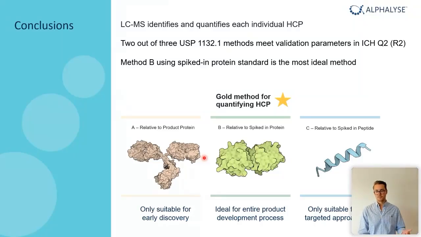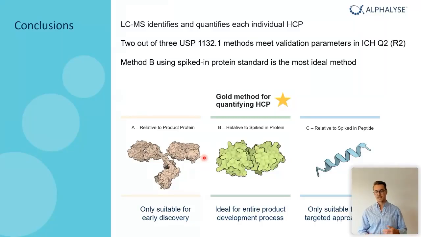And this is supported by the experimental evidence of our study that the analysis relative to spiked-in protein is the preferable method out of these methods outlined in 1132.1, as it can be used throughout the entire product development process, from early discovery to release testing, but also for targeted approaches.